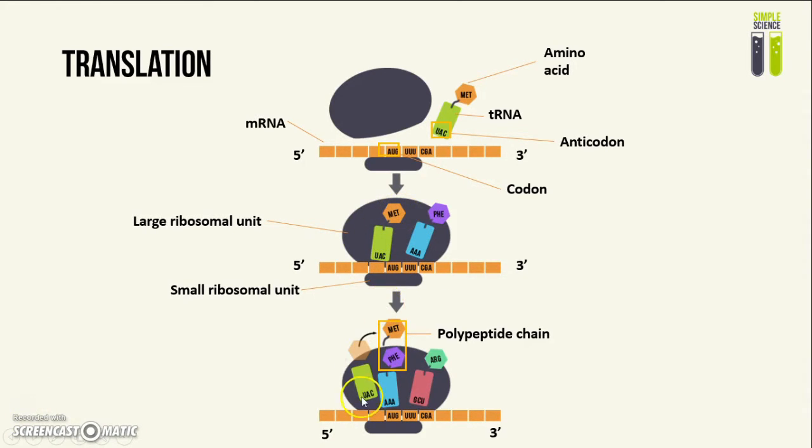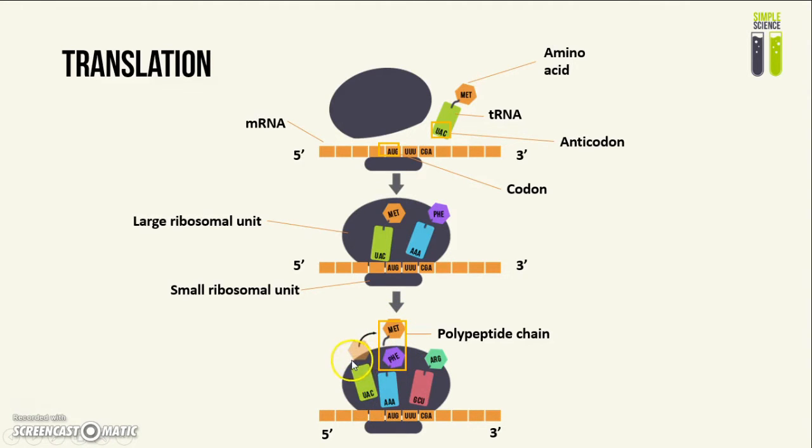And then afterwards, as you can see here, once the first tRNA molecule has finished its job, the second tRNA molecule will come in to bind to the mRNA on the next codon using complementary base pairing. And the ribosome also provides enzymes which help the formation of the amide bond between the 2 amino acids.